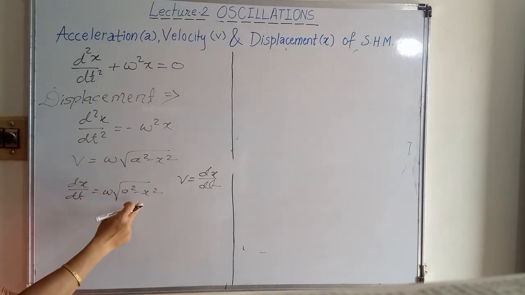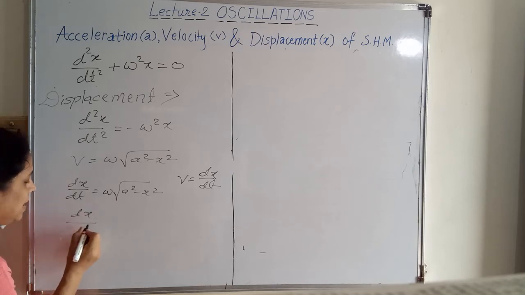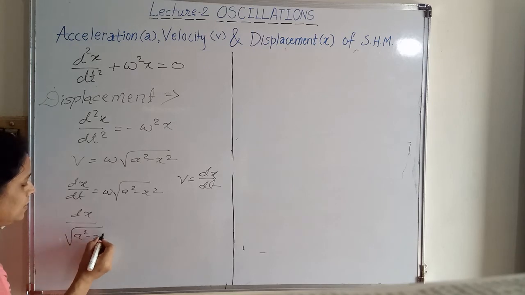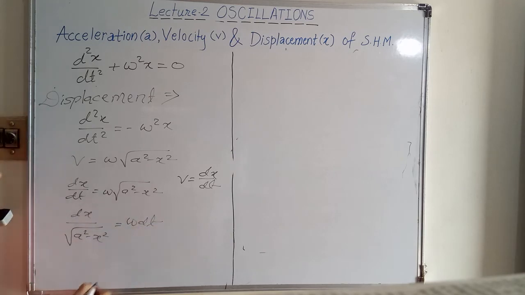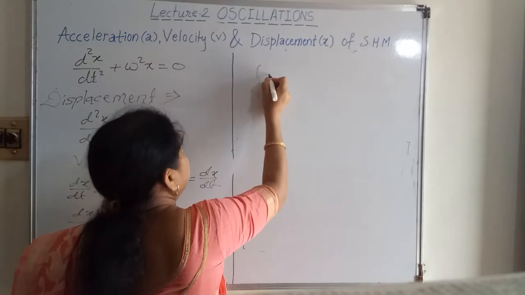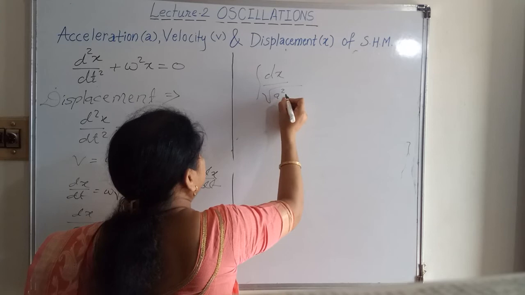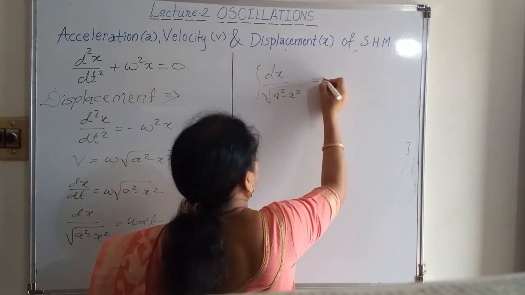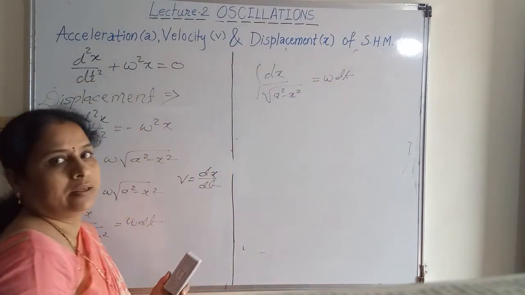Now I take this square root term on this side. I rearrange this equation as dx upon under root a square minus x square is equal to omega dt. Now again integrating this equation, the integral of dx upon under root of a square minus x square is equal to omega into dt.